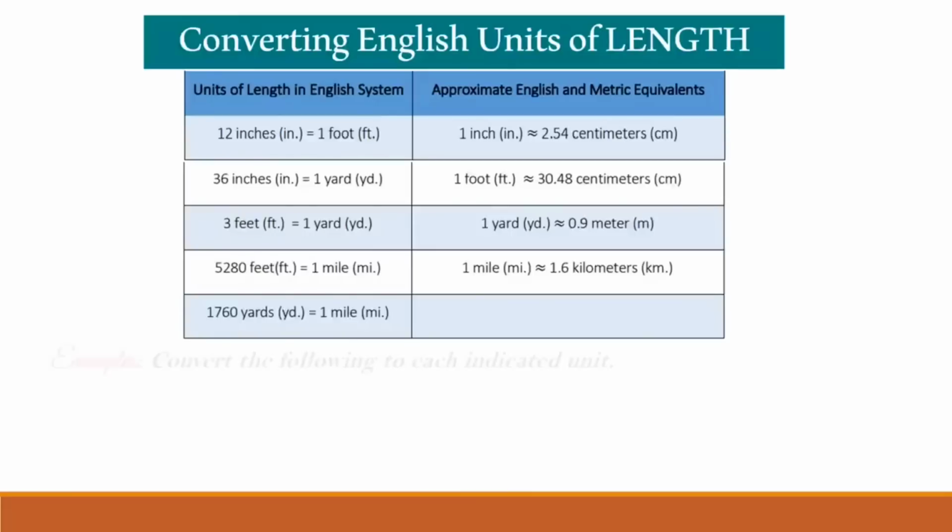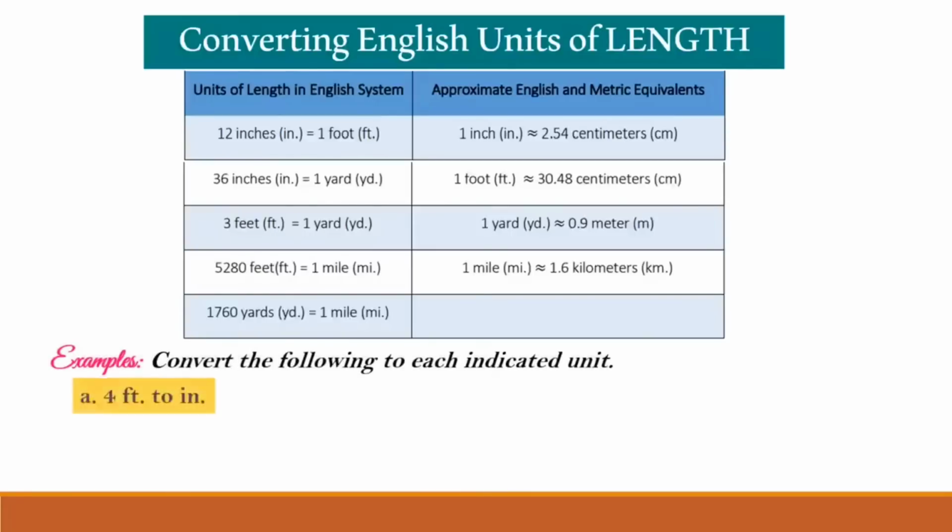Using those conversions, let us try to solve the following examples. For example A, we are going to convert 4 feet to inches. For us to be able to do that, we have to find first the conversion for feet to inches or inches to foot. And we have here the conversion: 12 inches is equal to 1 foot.